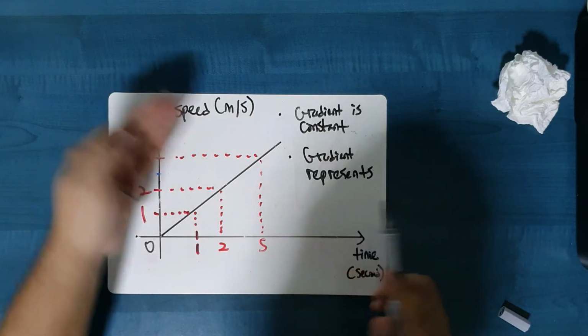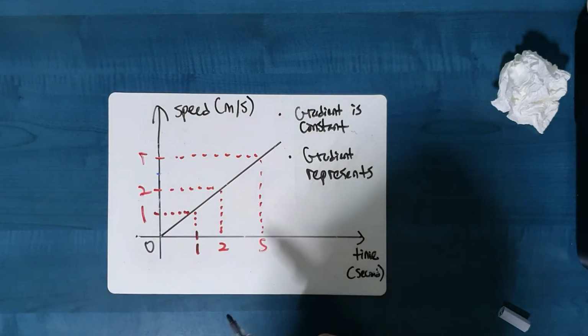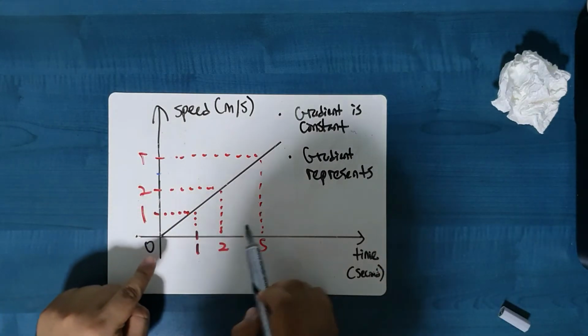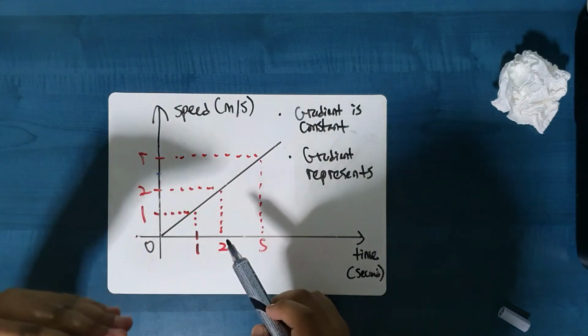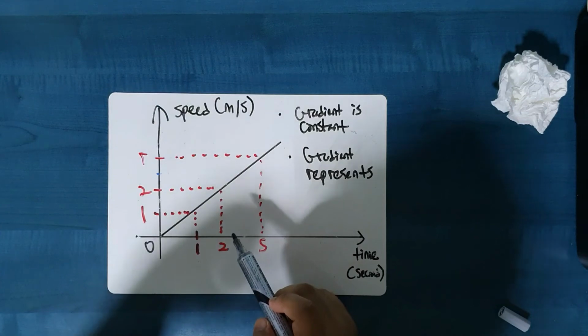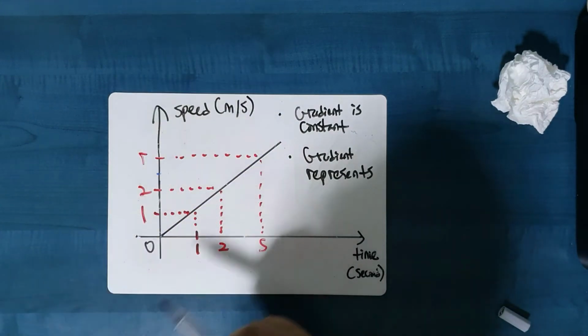In a speed time graph, what do you think the gradient represents? Now let's use logical thinking. As time passes, speed increases. That means you are getting faster and faster. What word describes that, getting faster and faster?